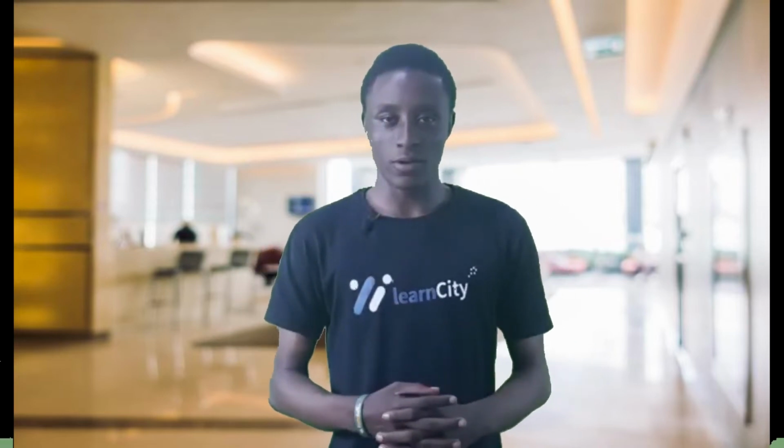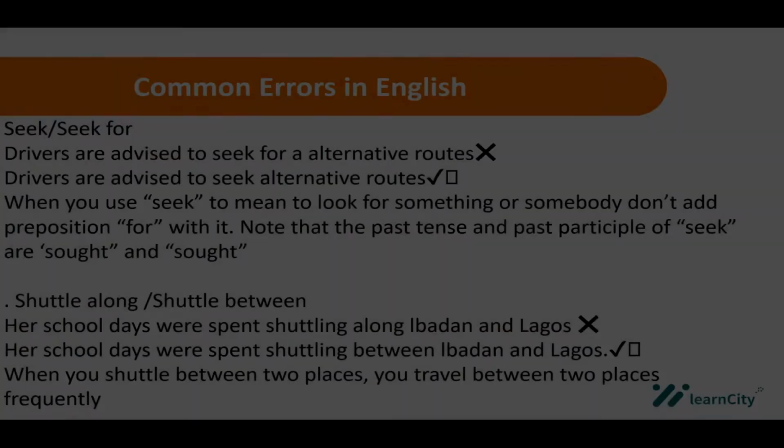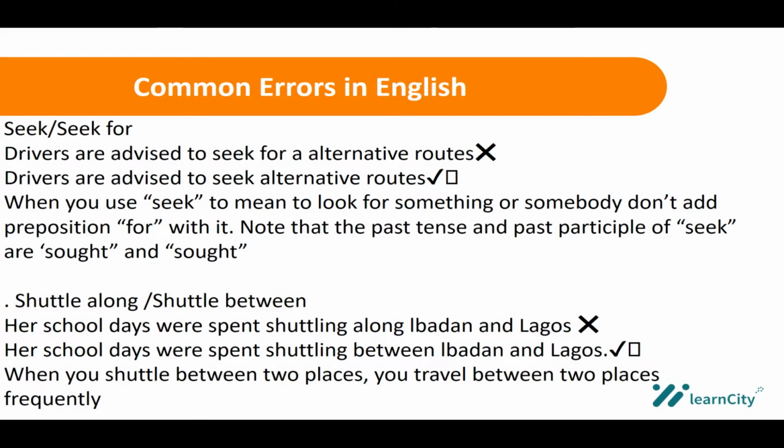Okay? The next one we're going to be looking at is similar to what we just talked about: seek for or seek, S-E-E-K. Seek for or seek. So look at this example. Drivers are advised to seek for professional license, and drivers are advised to seek professional license.